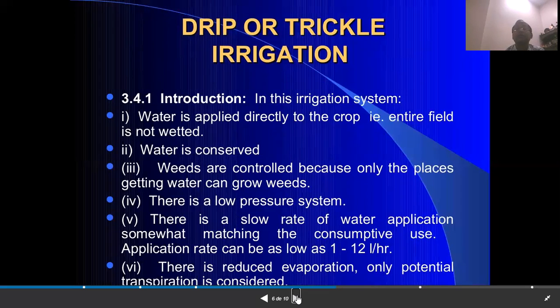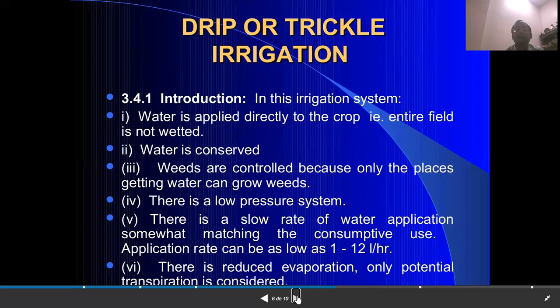In this irrigation system, water is applied directly to the crop, so the entire field is not wetted. Water is conserved, and weeds are controlled because only the places getting water can grow weeds.